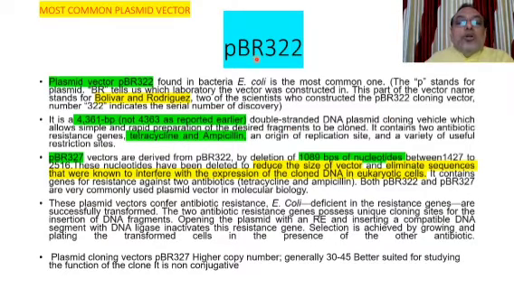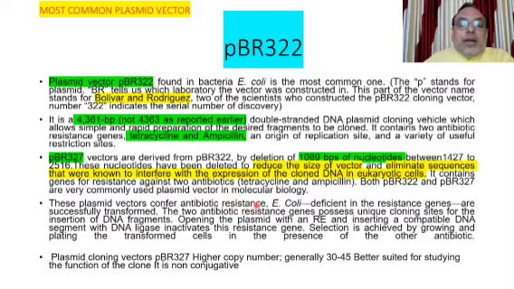It has an ori, it has selectable markers too, and it has a site for integration of the desired DNA. So you can say it is an ideal and simple plasmid through which we can propagate a particular stretch of DNA.